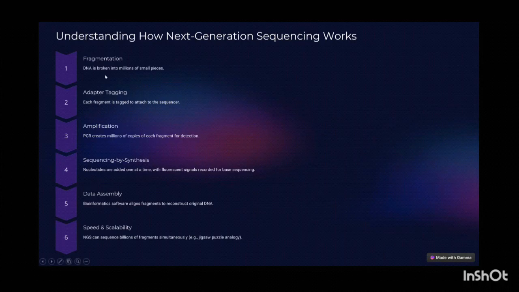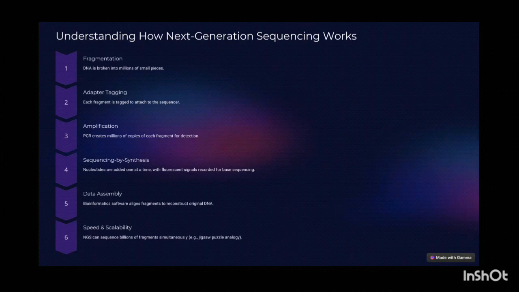So this is how we do NGS. First, we fragment the DNA. Then adapter tagging is the step which emits a color which they can isolate.